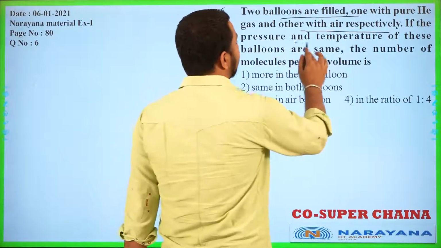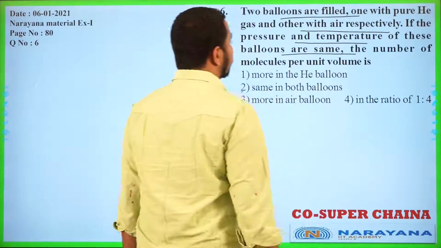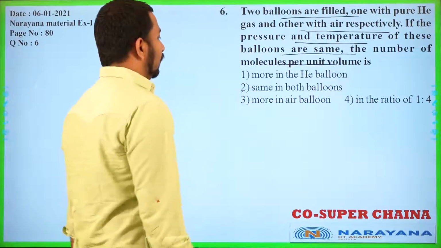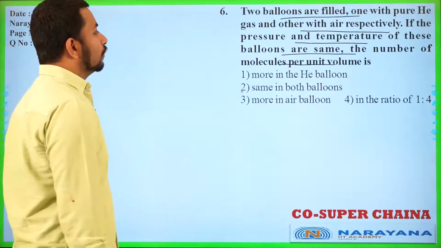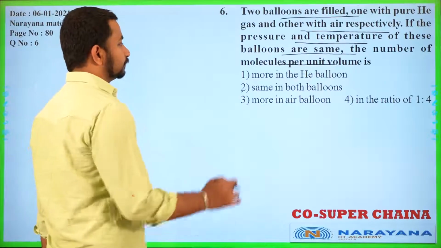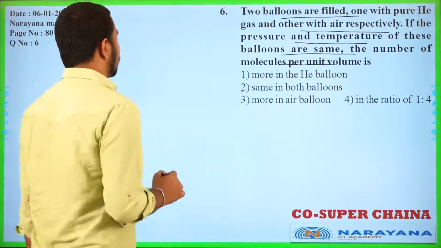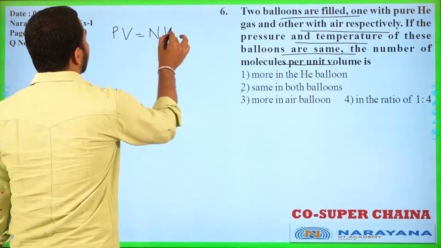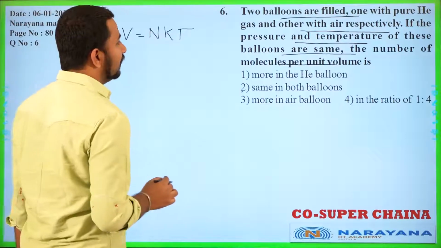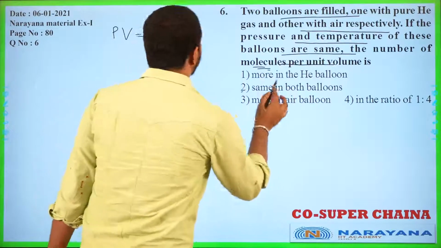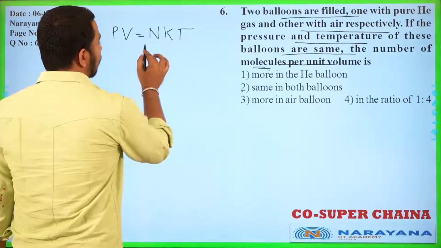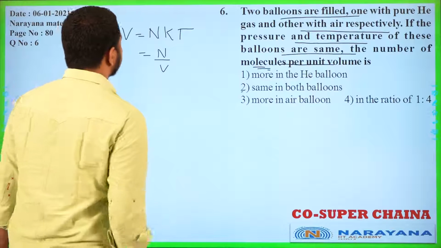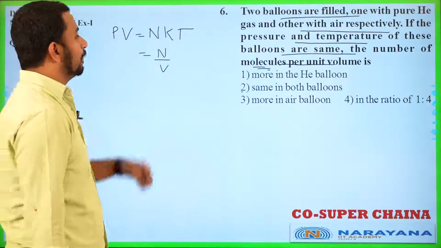If the pressure and temperature of these balloons are the same, you have to calculate the number of molecules per unit volume. So N by V you have to calculate. PV is equal to NkT. You have to calculate the number of molecules per unit volume.